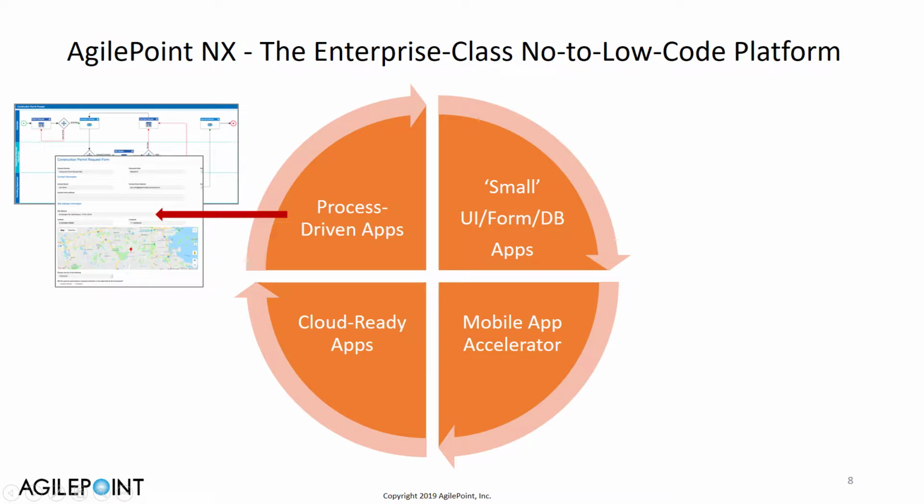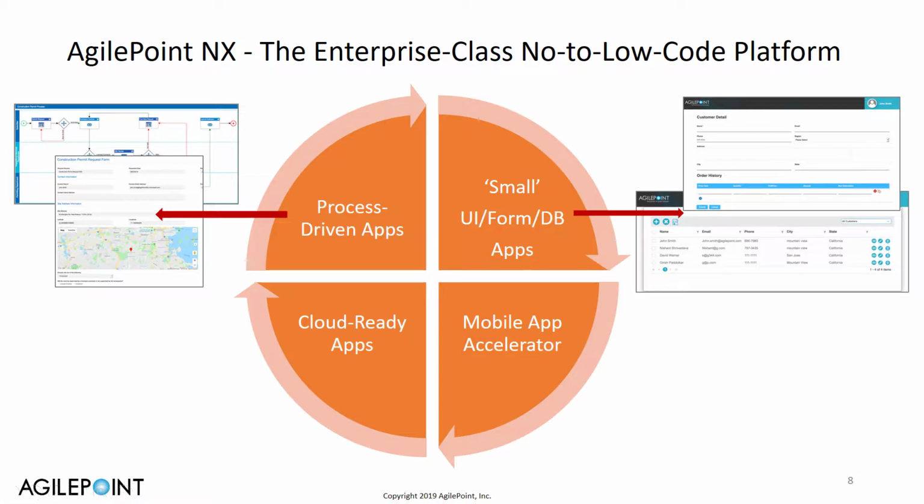So for those of you who have been speaking with AgilePoint for some time, you've long known that we're very able to handle process-driven applications of varying complexity, from something that might serve an individual department or team to a complex or long-running application that spans the entirety of the organization. As we'll focus on for the build from scratch portion of the presentation, the small application or form app capabilities is a great starting place for new application designers to build their skills before moving on to more complex process-based applications.